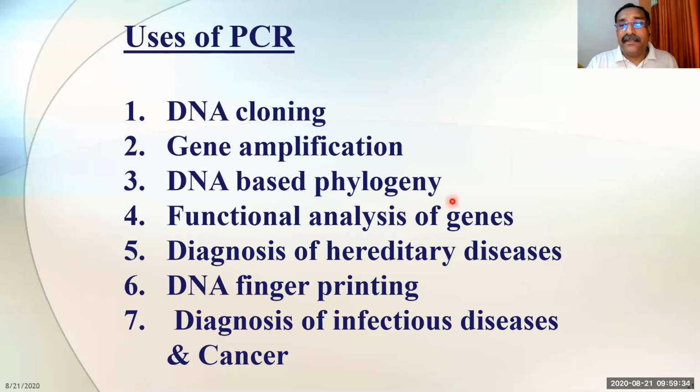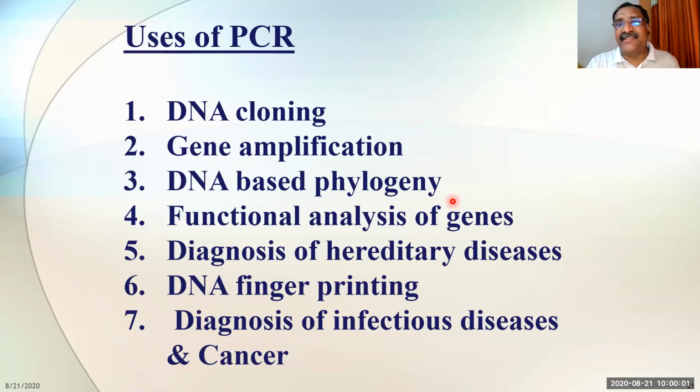So the third point is DNA based phylogeny. Number 4, functional analysis of genes. That means how the genes are functioning, what the functions of the genes are, and so on. This analysis we can do by polymerase chain reaction. Then the fifth point, we are able to diagnose hereditary diseases.